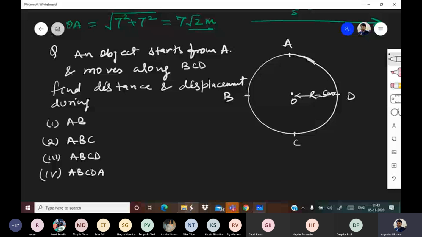So, yes, what is the radius? 5 meter. Okay, sir. It is written R is equal to 5 meter. Okay, to be more clear.